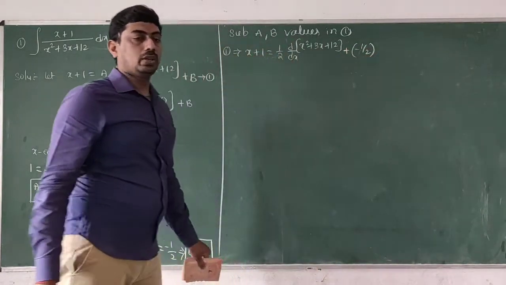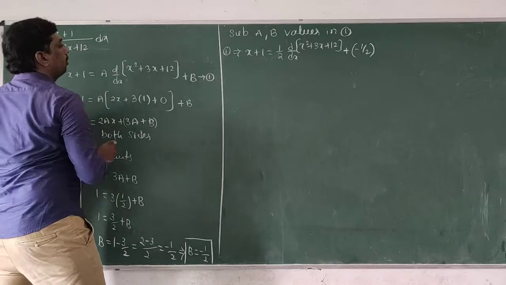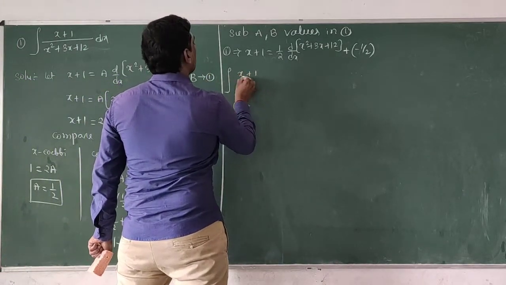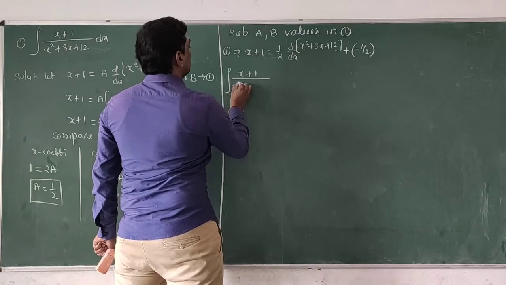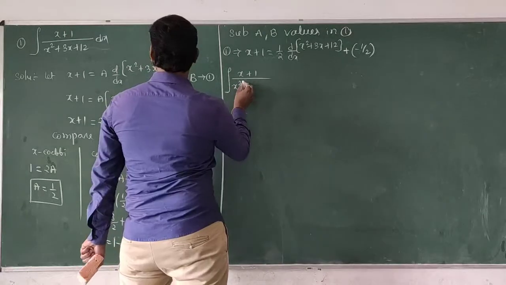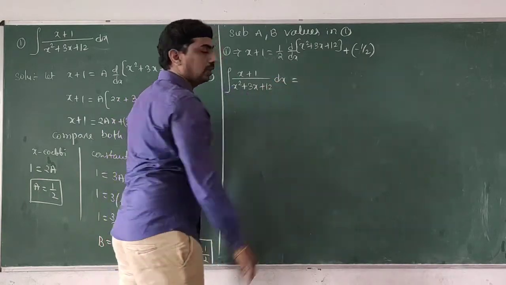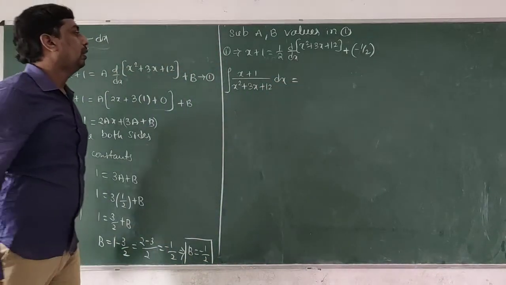Minus 1 by 2. Okay. Now take the problem. Integration of x plus 1 by x square plus 3x plus 12 dx. Okay. That is the given problem.